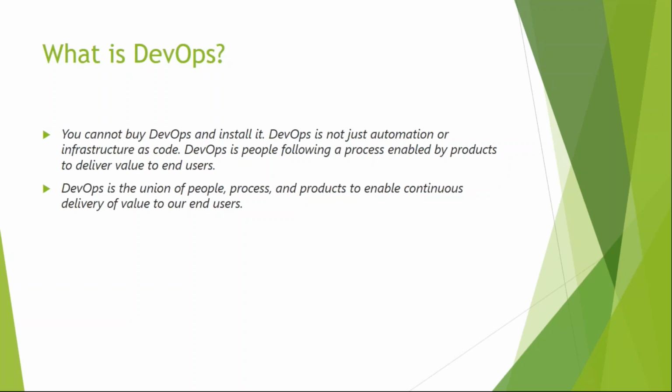Earlier when we were in the waterfall model, after maybe a quarter or maybe after 6 months we used to make our product live. But that's not the case in agile or in DevOps. Here we deliver the product as soon as it is ready.